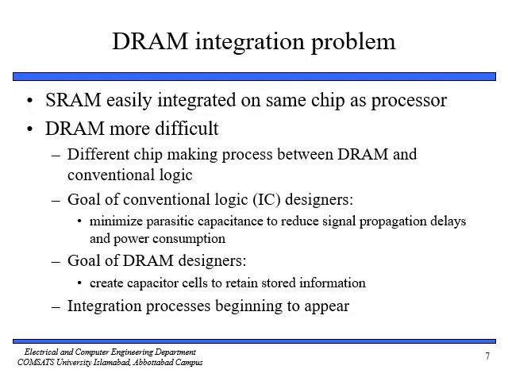In this slide we are going to talk about the DRAM integration problem. As we have discussed so far static and dynamic types of RAMs and brought up the benefits and disadvantages of each type, in this slide we will describe the problem of integrating memory and conventional logic on the same IC. SRAM is easily integrated on the same chip as the processor.